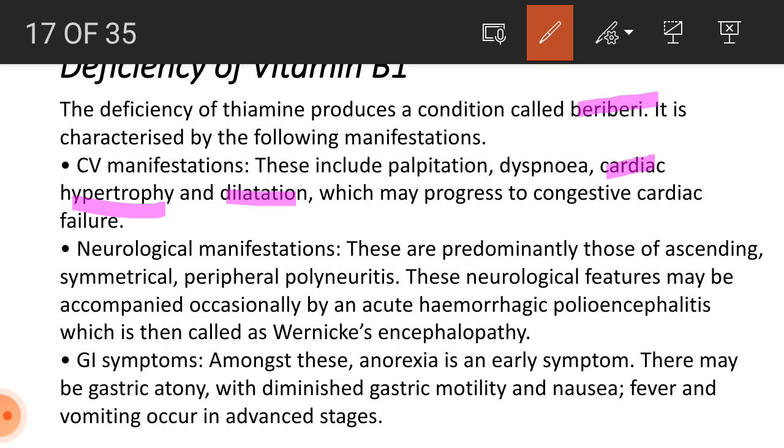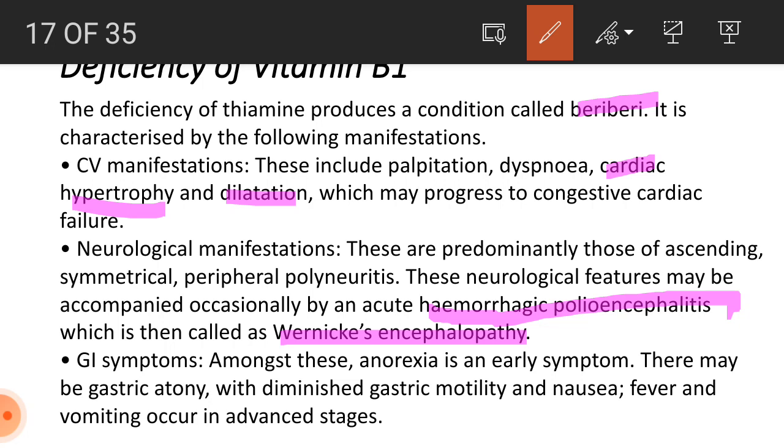Neurological manifestations are predominantly those of ascending, symmetrical, and peripheral polyneuritis. These neurological features may be accompanied occasionally by an acute hemorrhagic polioencephalitis, which is then called Wernicke's encephalopathy.